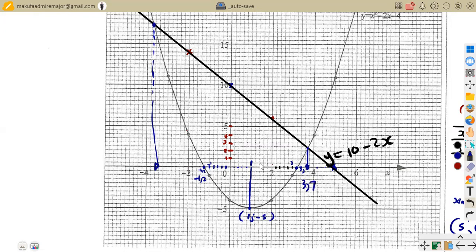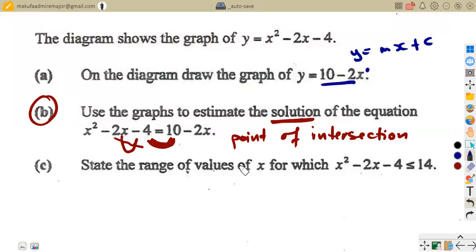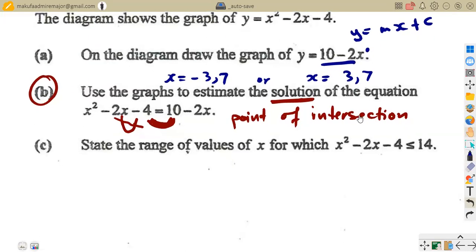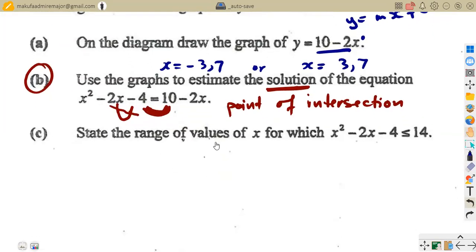And on this other side also, it was going to be at minus 3.7. So meaning to say the values of x that we need in this case are x is equal to minus 3.7 or x is equal to 3.7. So that is how you take the values where the two graphs intersect.